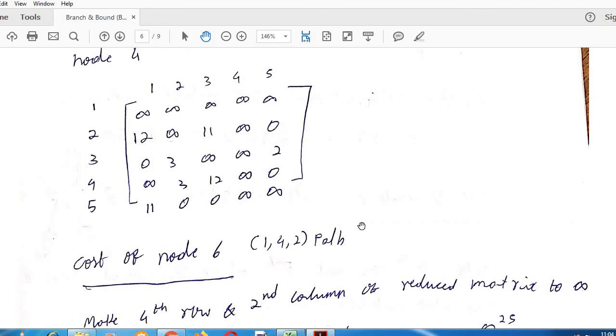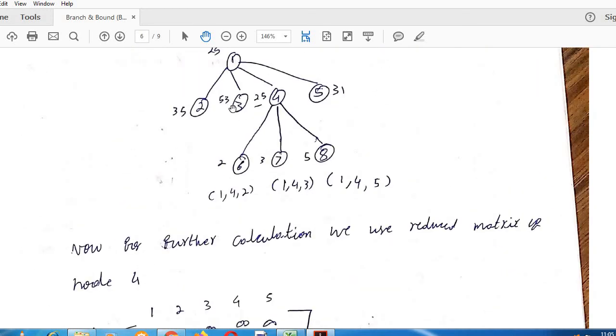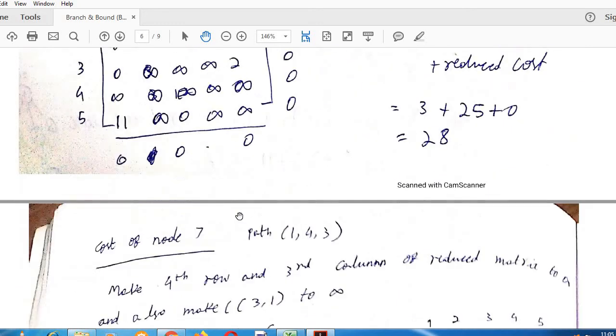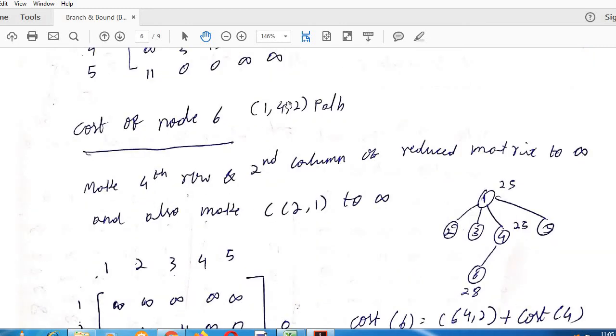After this, I have to find out the cost for reaching node 6, that is, the cost for reaching from node 1 to node 4, then to node 2. So I will find that by finding the cost of node 6. Here consider the last two values that I have shown in the path.